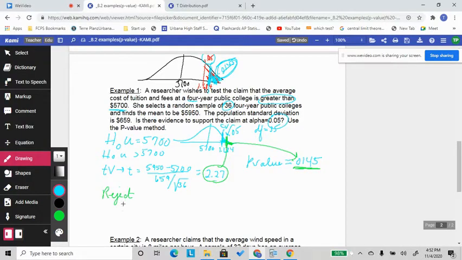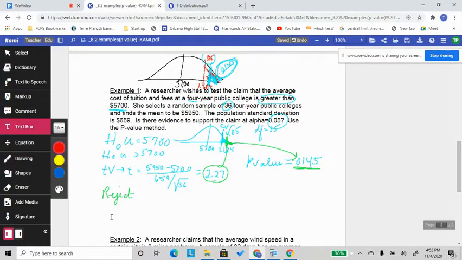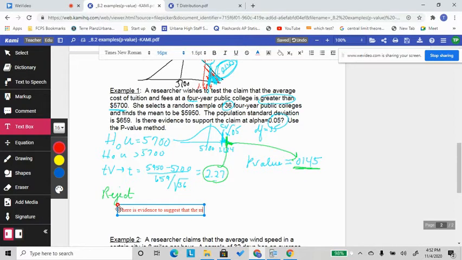Let me do a text box and we're going to reject and we're going to say, there is evidence to suggest that the mean cost of tuition is not 5,700, or you can even say it's greater than it, that there is actually evidence to say that it's greater than it.